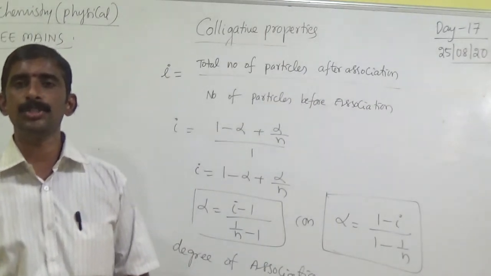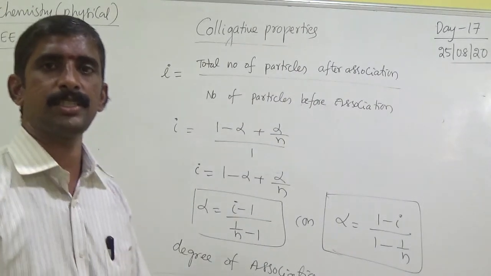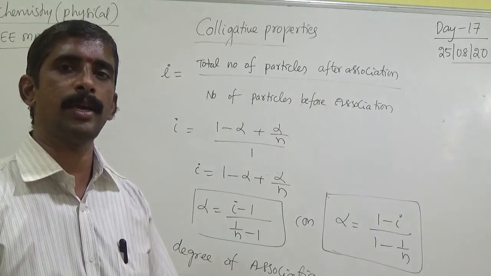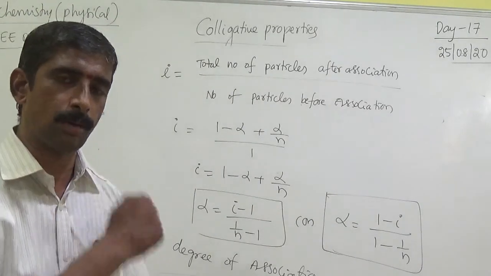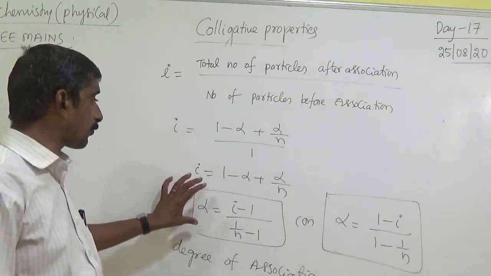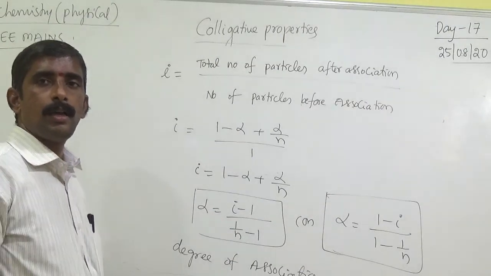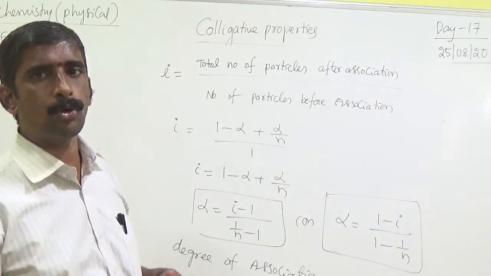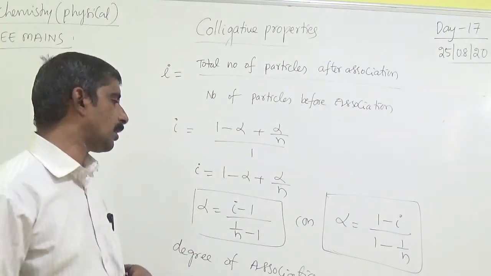So, degree of dissociation and degree of association. Degree of dissociation means alpha equals (i minus 1) by (n minus 1). Don't forget to remember these formulas. Very important. Derivation is your wish, but the formulas are compulsory for problems. If a solute undergoes dissociation, alpha equals (i minus 1) by (n minus 1).